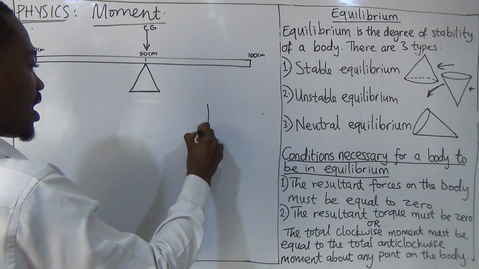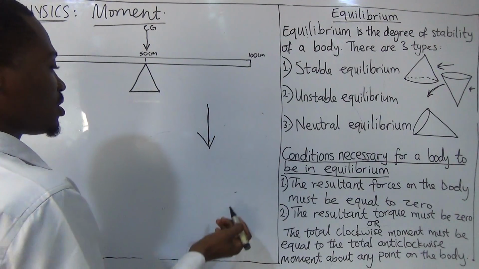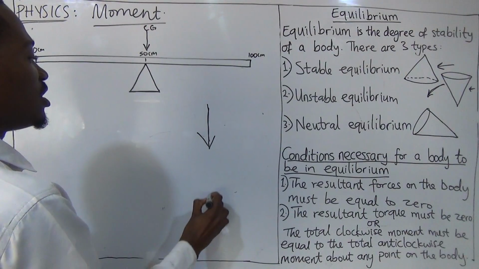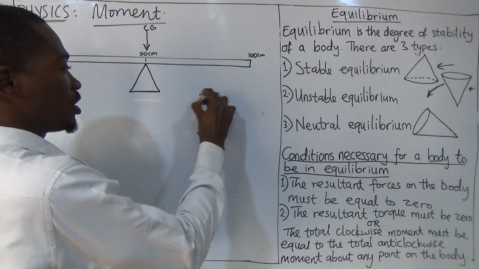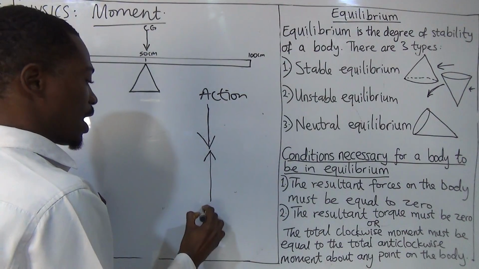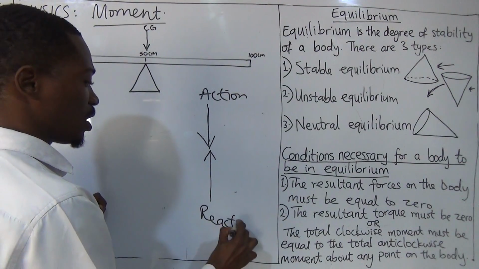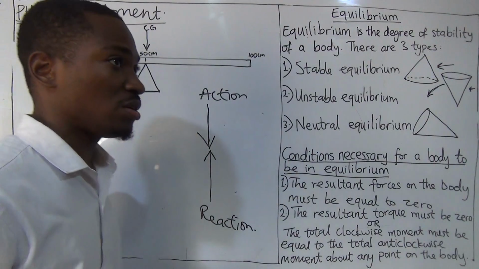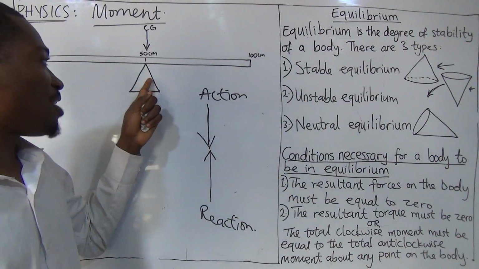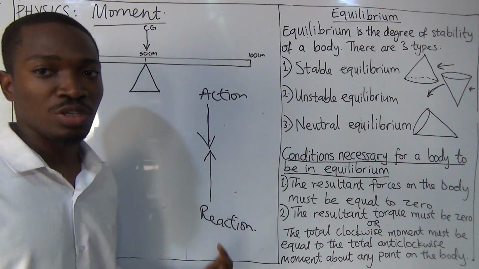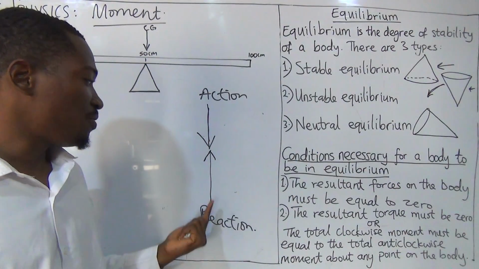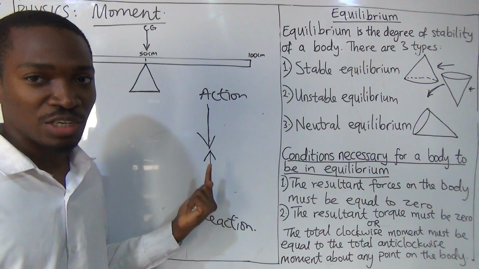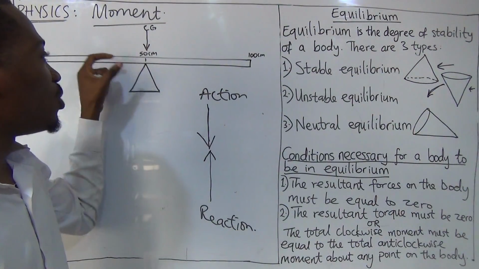The weight of the meter rule acts downwards, and the knife edge is producing a reaction. You know, action and reaction are equal and opposite to each other. So the knife edge produces a reaction in order to withstand the weight of the meter rule. If the knife edge is not producing a reaction, that means the knife edge will then collapse.